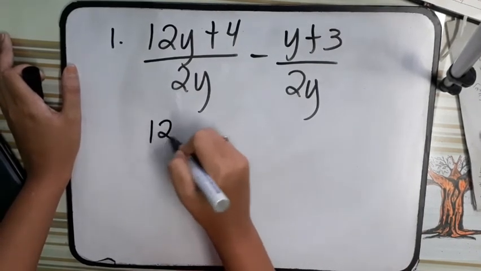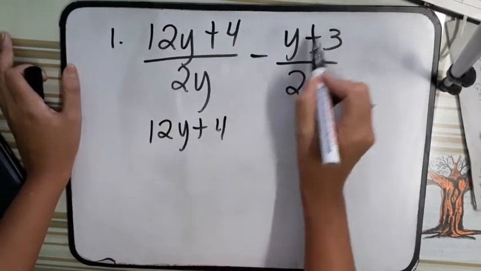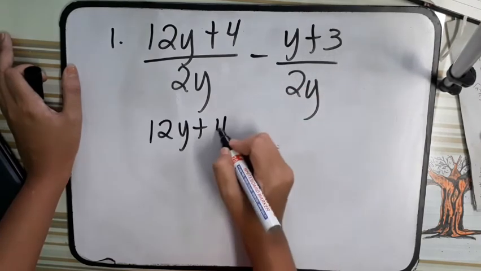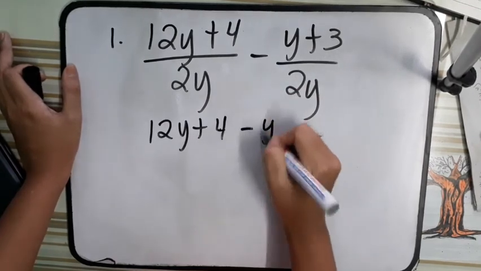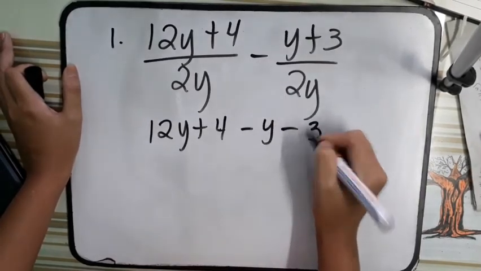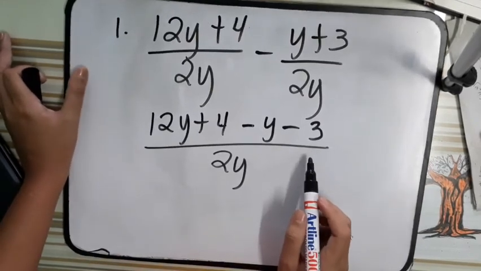So we have 12y plus 4. Take note, this is a negative sign, so it is applicable to both of our terms. So this will become negative y, negative times positive is negative, negative times positive will be negative as well. Then copy the denominator.